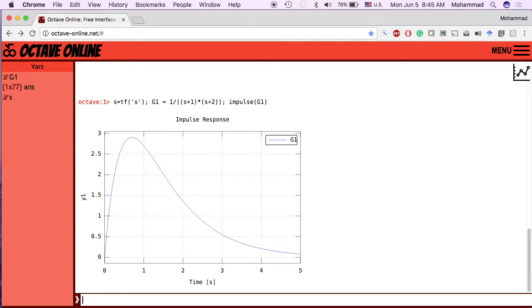Okay. Now I want you to see something potentially interesting. There are 2 poles here, located at -1 and -2. Let's keep the one that is at -1 and move the one that is at -2 farther to the left. Instead of -2, let's move it to -5 and see what happens as a result. I'm going to define a new transfer function so I can keep this response and look at the new response.